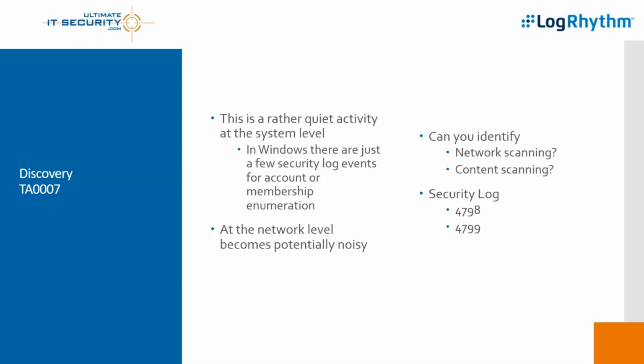So on an event-by-event basis, discovery is not going to look different than a user just going to a folder, listing its contents, opening up a file, and reading it. But if you look at the overall pattern and volume of events, then you may be able to tease out and say, wow, a typical user is not going to be able to look at this many files within this amount of time.